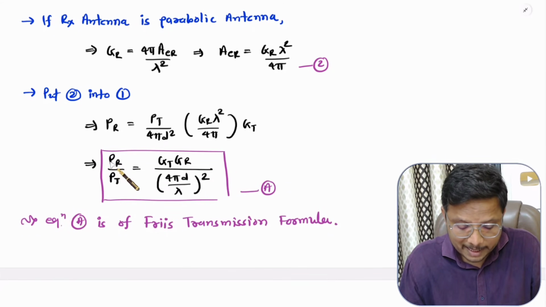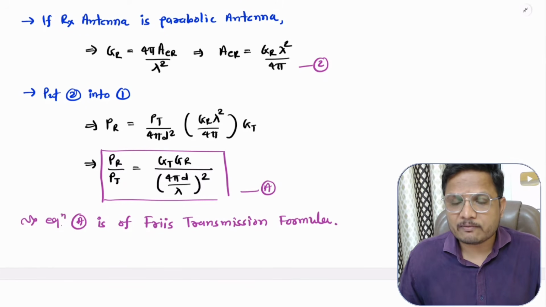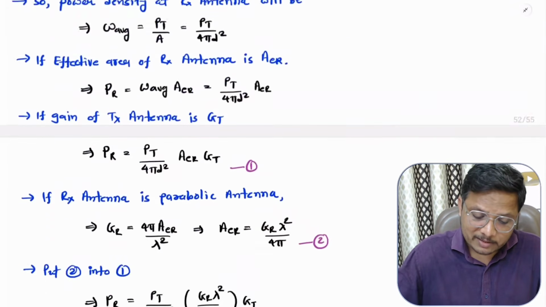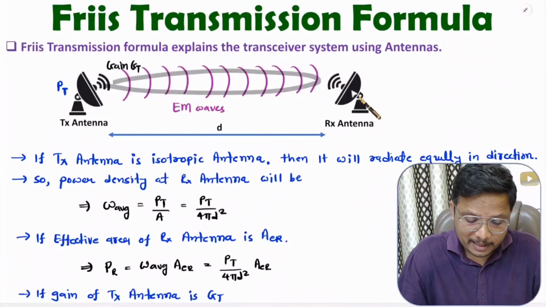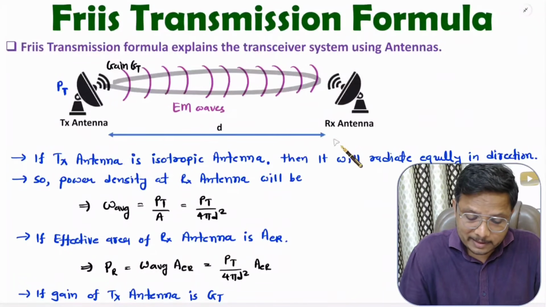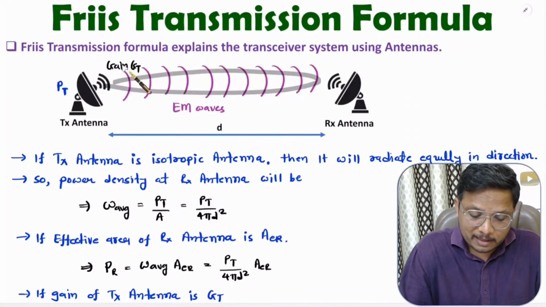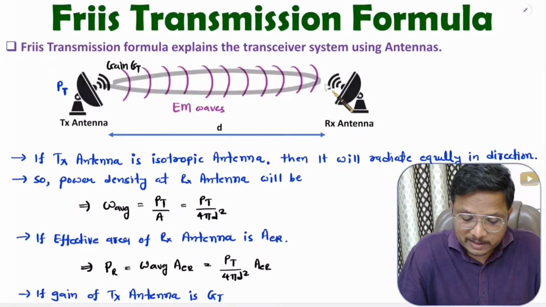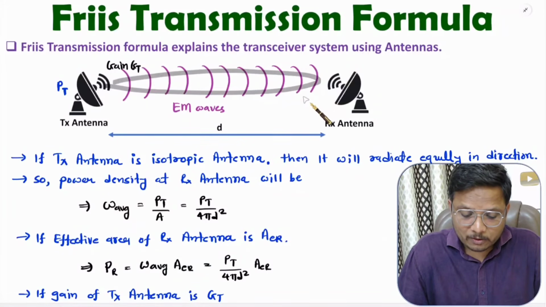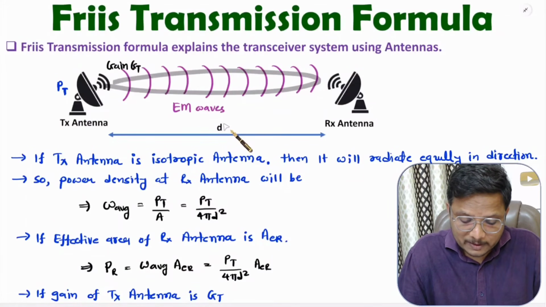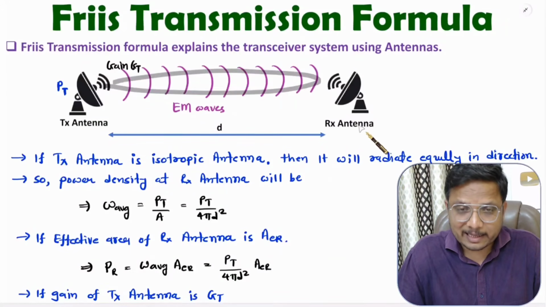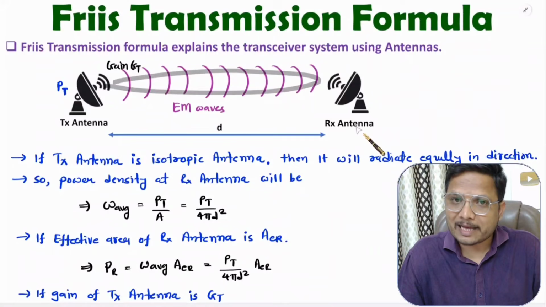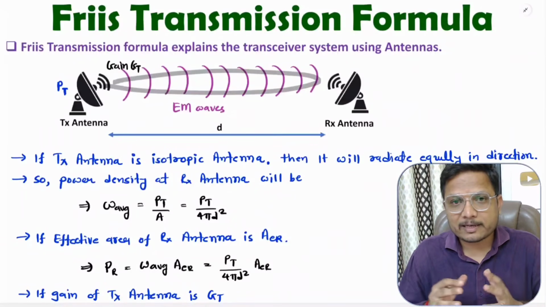So the Friis transmission formula explains how much communication distance is possible between the transmitting and receiving antennas. Obviously, the EM wave intensity decreases with distance, so the formula tells you up to what distance the transmitter and receiver antennas can communicate based on their circuits. I hope you have understood this relation.